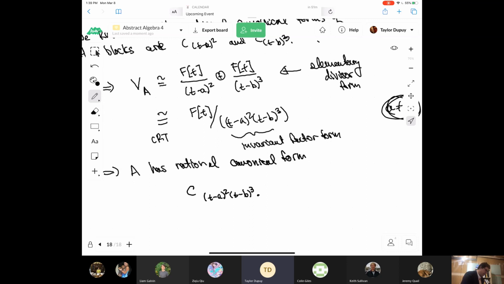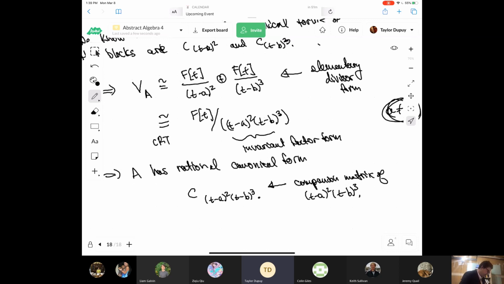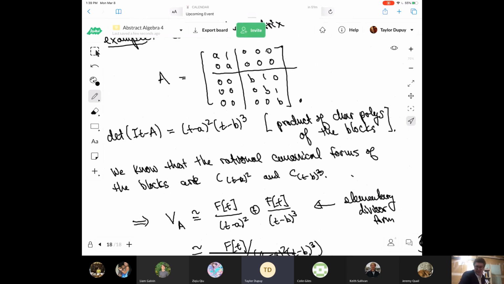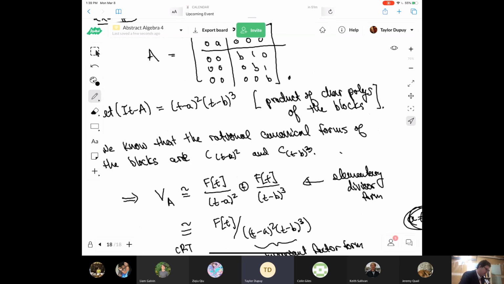So this is the companion matrix of (t minus a) squared times (t minus b) cubed. That's pretty much all I wanted to say about this example. There are examples like this where you get blocks and you get to simplify things because you have blocks. And that's all I really wanted to say about the Jordan decomposition.